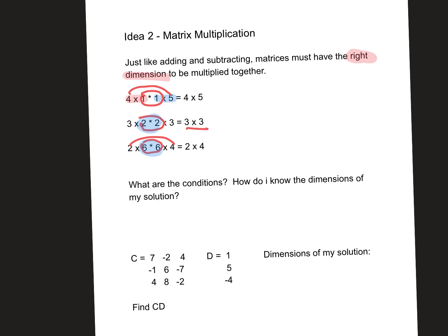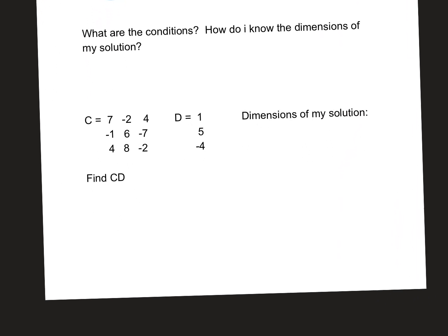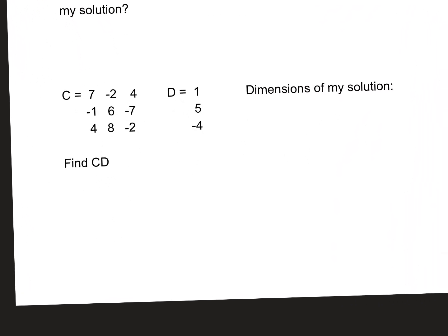Okay, so let's take a look at how we would actually multiply together and the rules that we need to follow. So we have these two matrices. I've got this guy here. Again, I'm going to put him in our brackets like we like. This one that we start with is a 3 by 3, right?